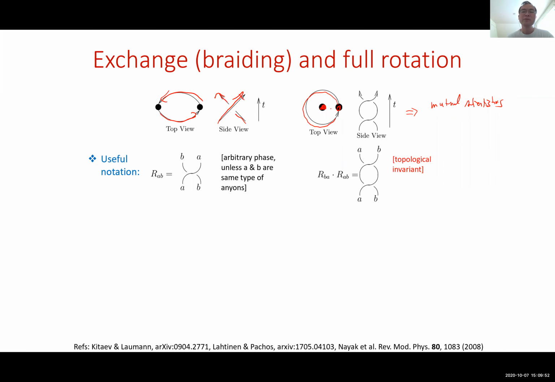So the useful notation that I actually already introduced is this R. This denotes an exchange. So A and B represent different types of anyon, possibly different types. And this number can be arbitrary, unless they are of the same type. Okay, but if you do the exchange or the braiding twice, it returns to the original location.